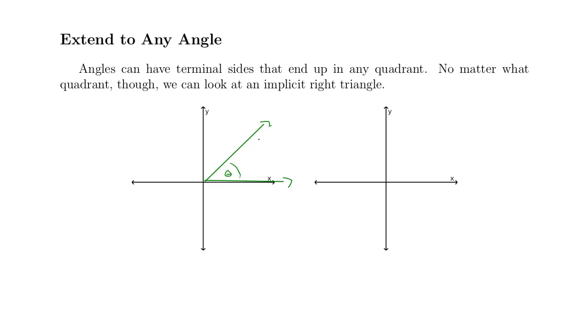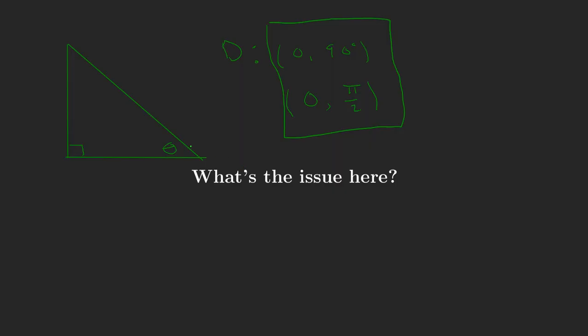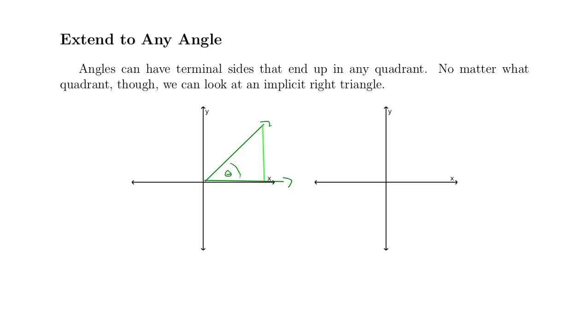If our terminal side ends up in the first quadrant like this, then we really have our regular old right angle trigonometry. We could drop a line down here, and there's our normal right triangle. This picture looks a lot like the earlier one. It's just kind of flipped around, but it's the same idea. That angle is somewhere in between 0 and 90 degrees.